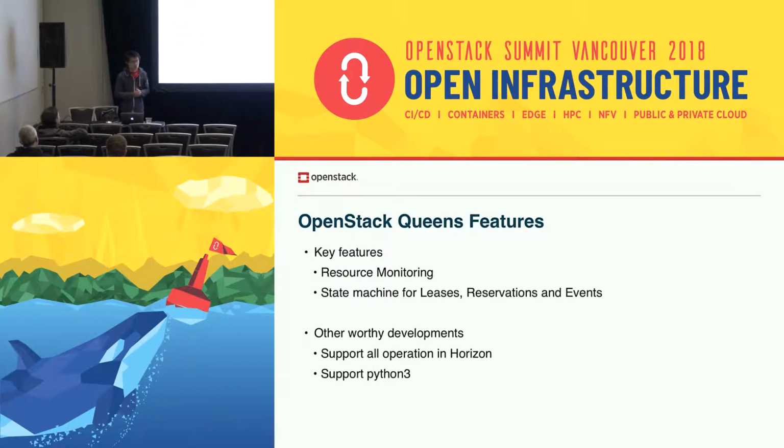For instance, two hypervisors are managed by Blazar to make reservations, but if one hypervisor goes down because of any errors, Blazar needs to react to the errors and reallocate its reservation for users. So from Queen's release, Blazar can handle failures that happen on the reservable resource side.